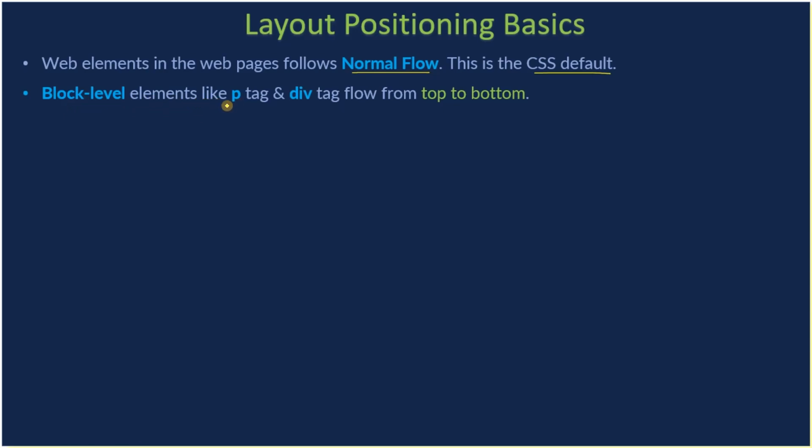Block level elements like P and div tag flow from top to bottom. So for example, if we consider a paragraph tag, and if you place 3 paragraphs, let's say this is the first paragraph, second, and third one, and if you see, the paragraph flows top to bottom.